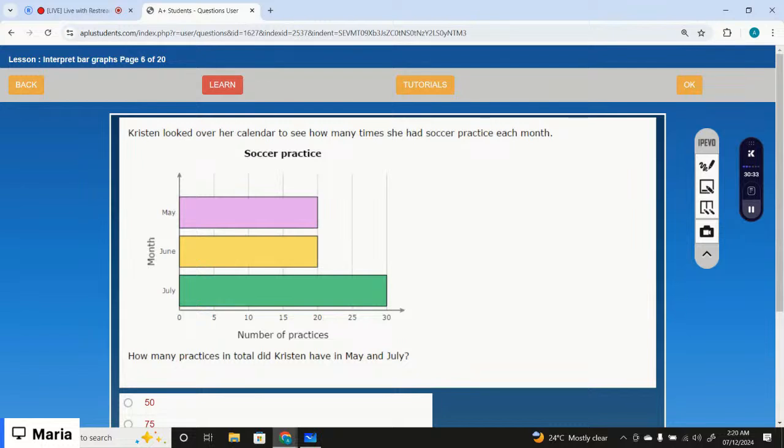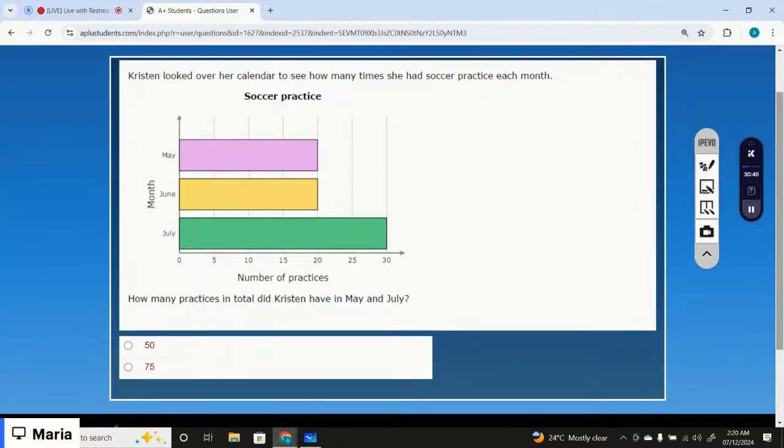Christine looked over her calendar to see how many times she had practice each month. How many practices in total did Christine have in May and July? So which is the correct option?